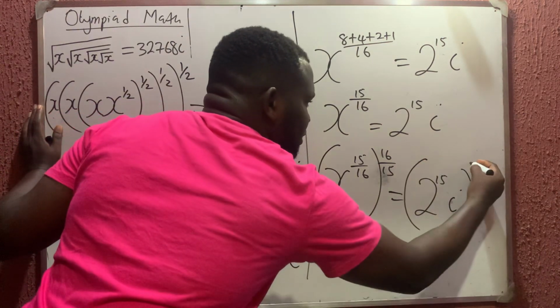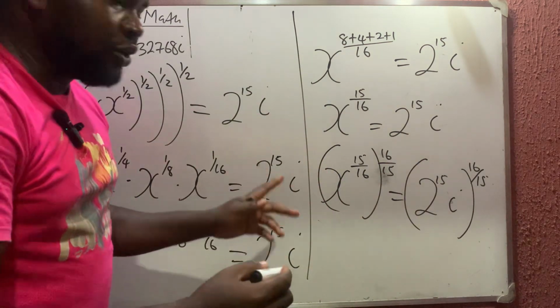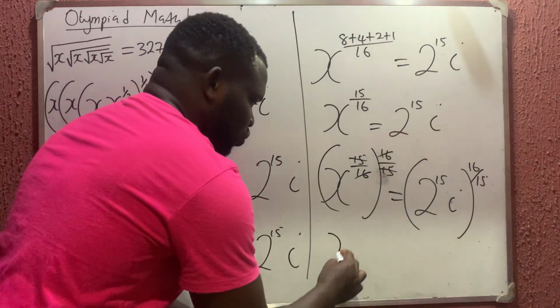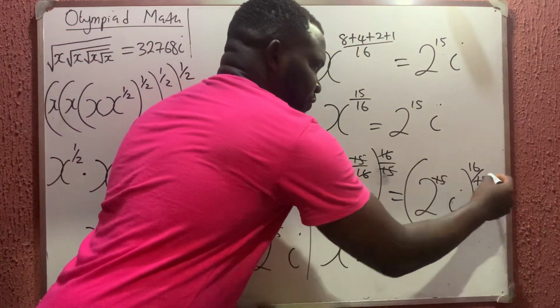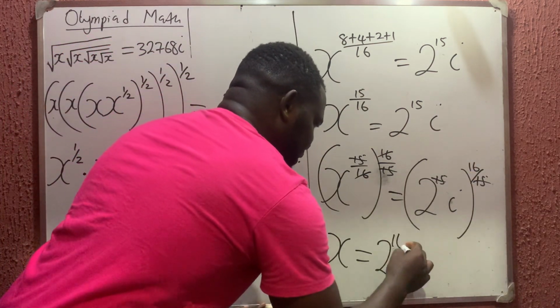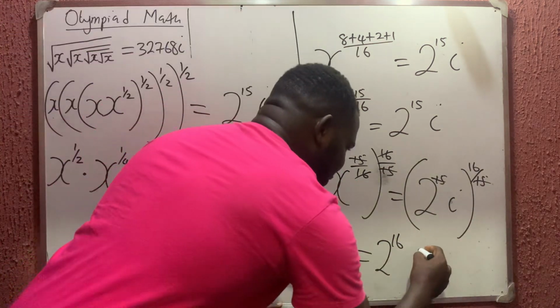Then 1 raised to power what? The same. I did not change anything. Now, if you look at this, you're going to see that this takes care of this. So x is equal to, now 15 will take care of 15. Then I have 2 raised to power 16, and I raised to power 16.